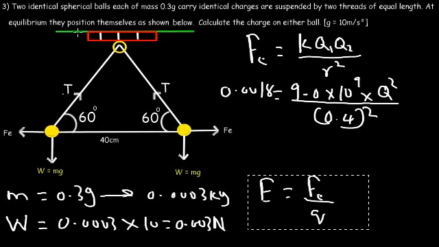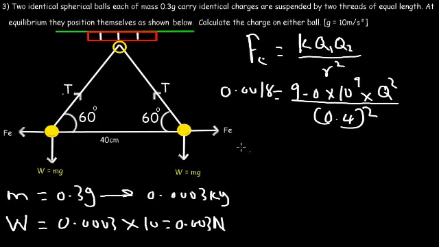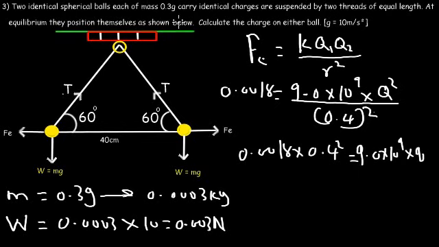So that should be 0.0018 multiplied by 0.4 squared. That equals 9.0 times 10 to the power of 9 multiplied by q squared. Okay, I'm just used to lowercase. So I will divide both sides by 9.0 times 10 to the power of 9.